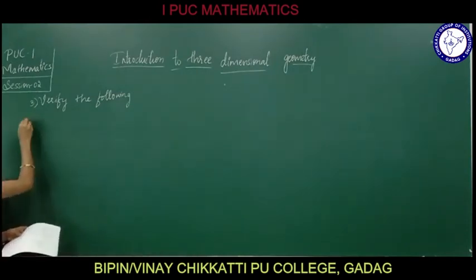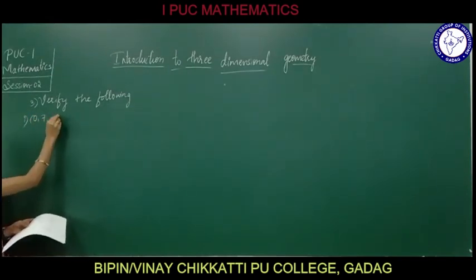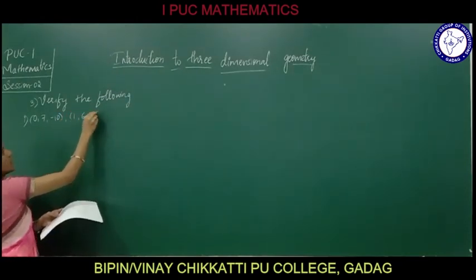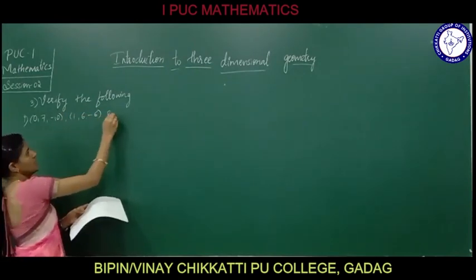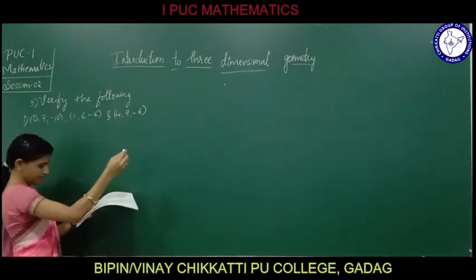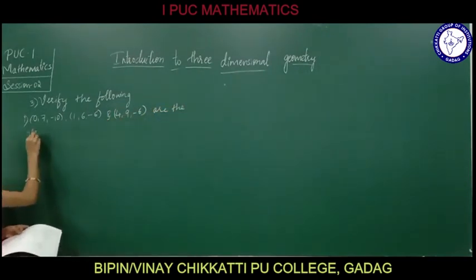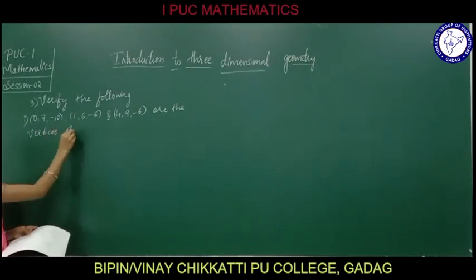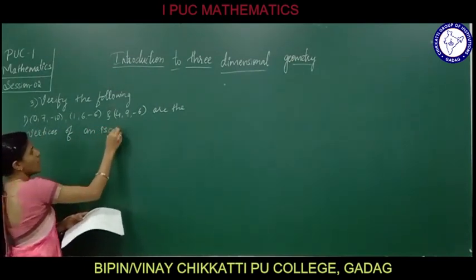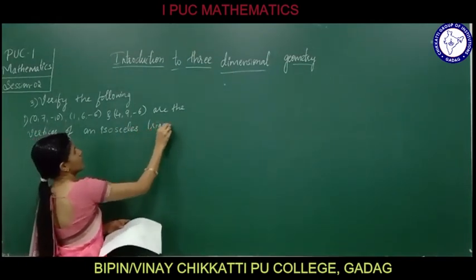Among that, the first one they have given is (0, 7, -10), (1, 6, -6) and (4, 9, -6) are the vertices of an isosceles triangle.